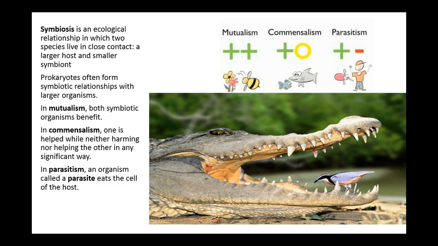And then a couple of other concepts to understand before we close out this chapter. This idea of symbiosis. This is defined as a relationship between two species that live in close contact, usually one larger, one smaller, and it's mutually beneficial for both.